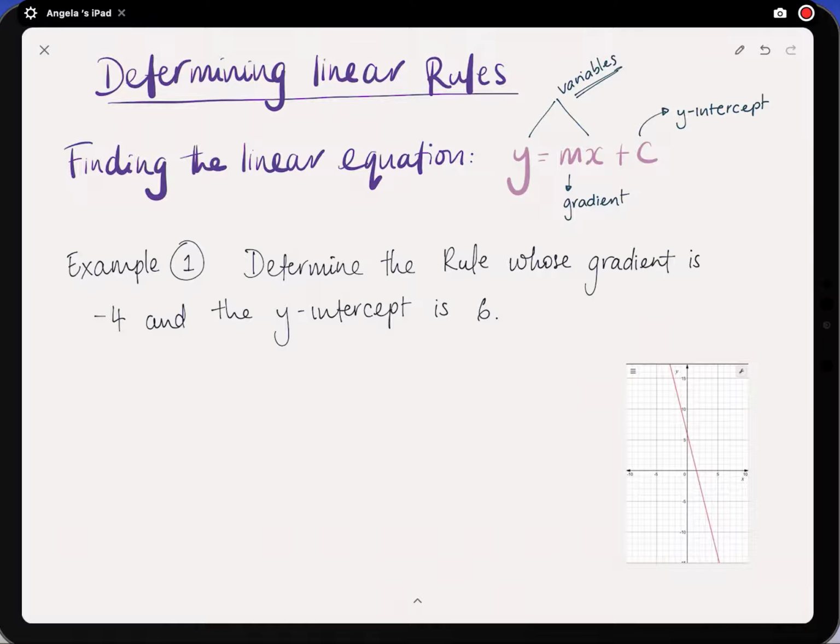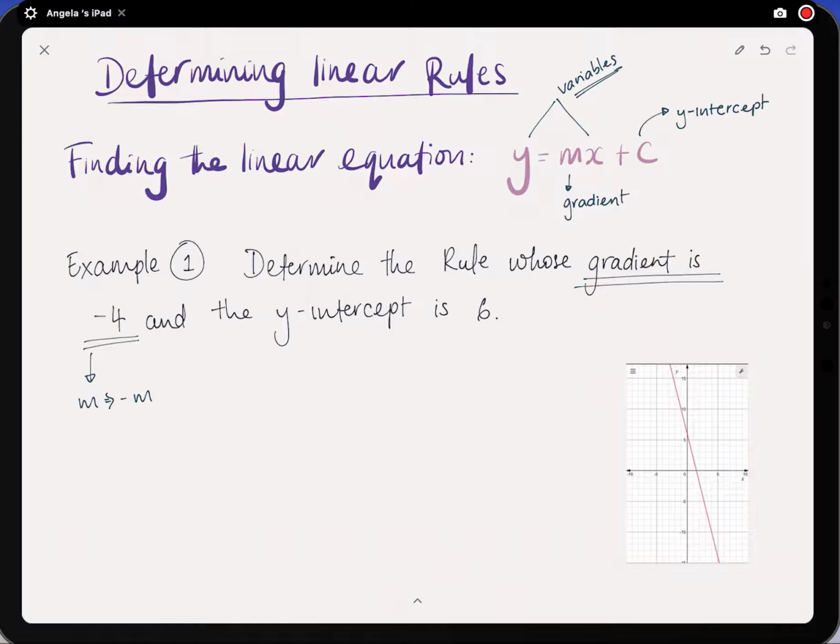So first thing you should be looking at is the fact that the gradient is -4, which means that m is actually negative. Remember, we can absolutely have negative gradients, and all that means is that the slope is going in a negative direction. And then we're told that the y-intercept is 6.